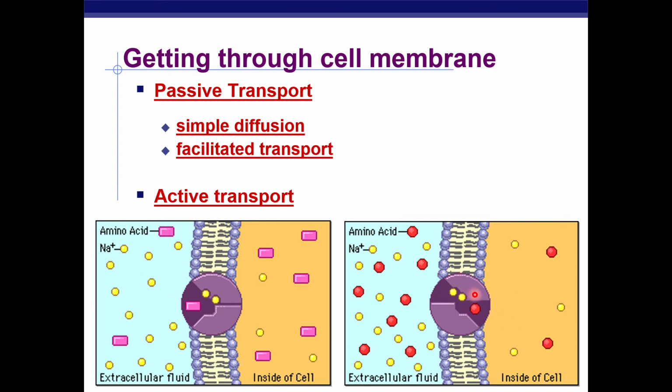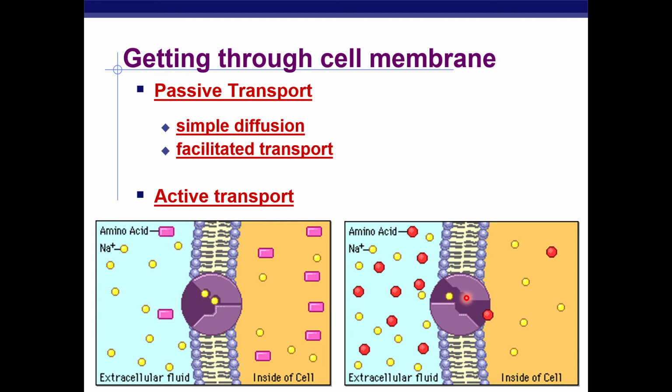On this one, once again, the little yellow molecules, they're moving along their concentration gradient, but when they move in, that's allowing the little red molecules to move against its concentration gradient. Red was lower here and higher here, so it doesn't want to go from low to high, it wants to go from high to low. This little protein pump, these require energy, it requires ATP, in order to move those molecules against their concentration gradient.